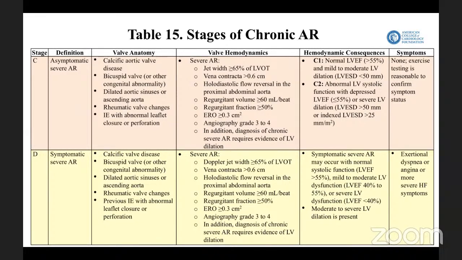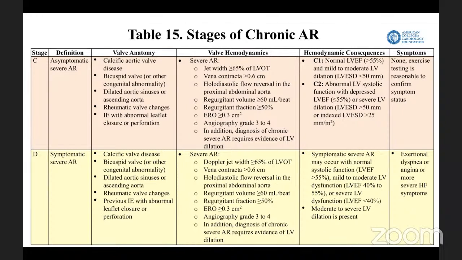Also for stage C aortic regurg, it's subclassified to C1 when we have normal ejection fraction, but with mild to moderate LV dilatation, the left ventricular end systolic dimension less than 50 millimeter.